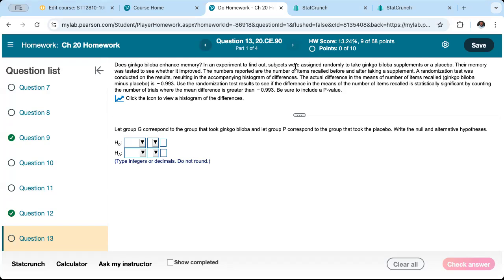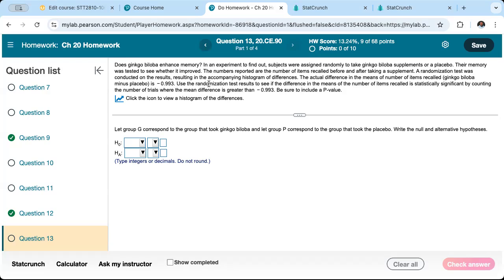So subjects were assigned randomly to take this supplement or placebo. So their memory was tested to see whether it improved. Is that okay? The numbers reported are the numbers of items recalled before taking the supplements and the randomization test, and then the actual difference in the mean number of items recalled is this.